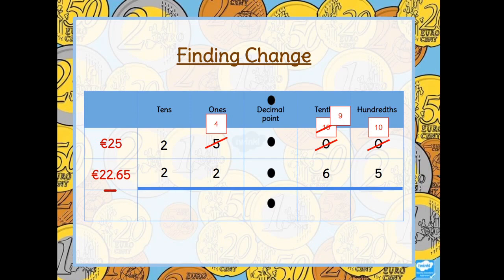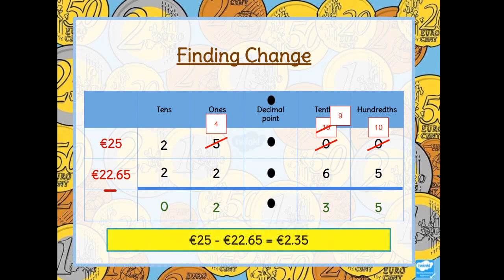We have 10 take away 5 equals 5. 9 tenths take away 6 tenths equals 3 tenths. And then we have 4 take away 2 equals 2, and 2 take away 2 equals 0. So 25 euros take away 22 euros and 65 cents equals 2 euros and 35 cents.